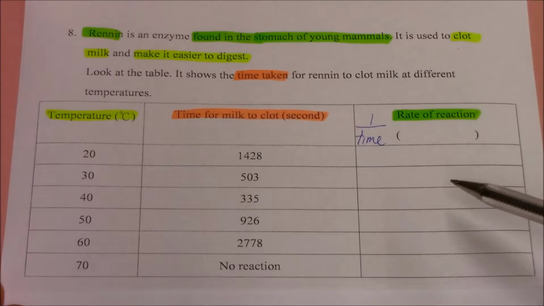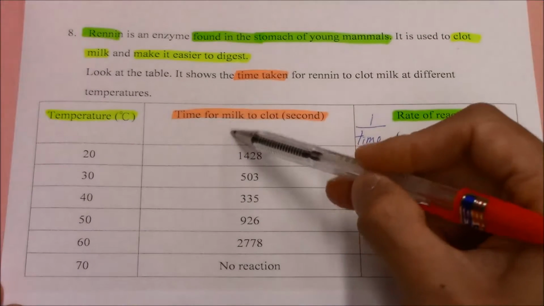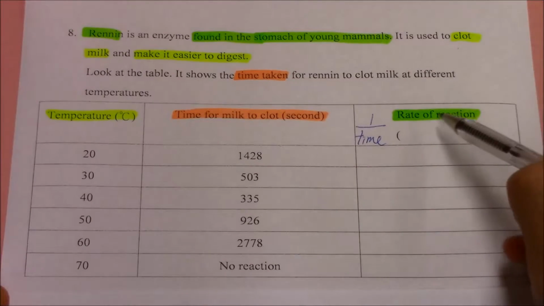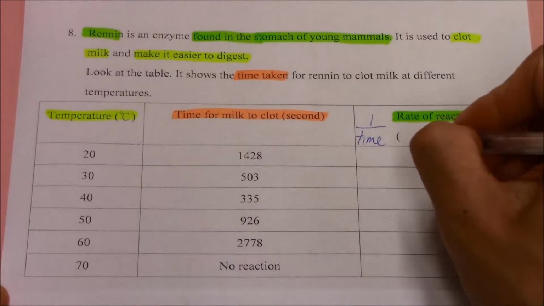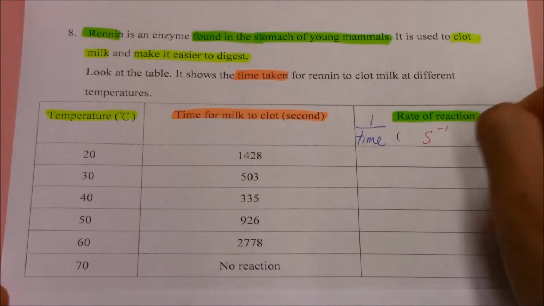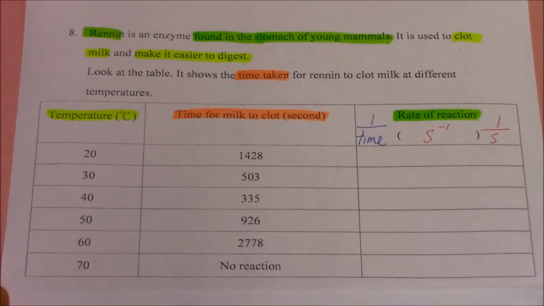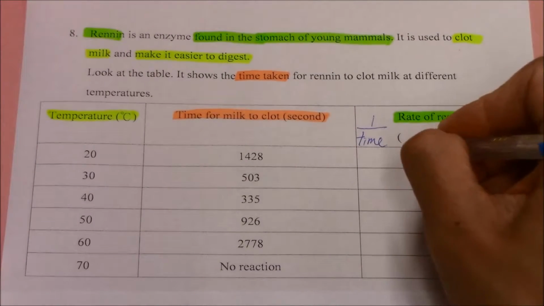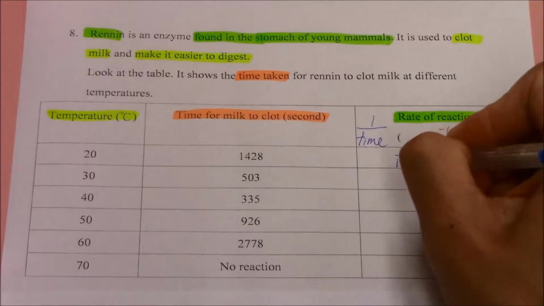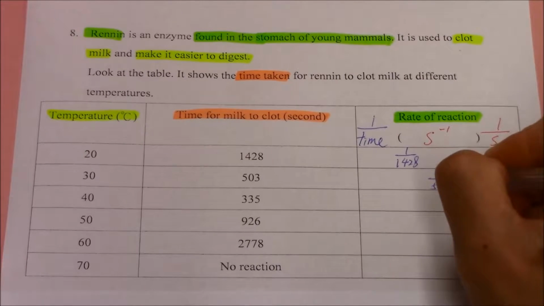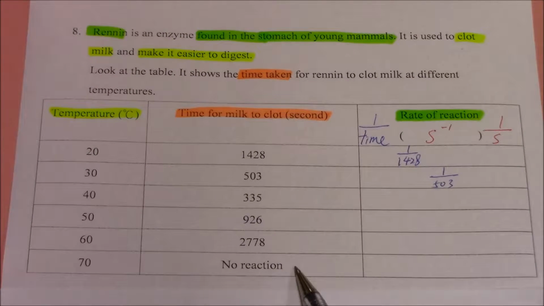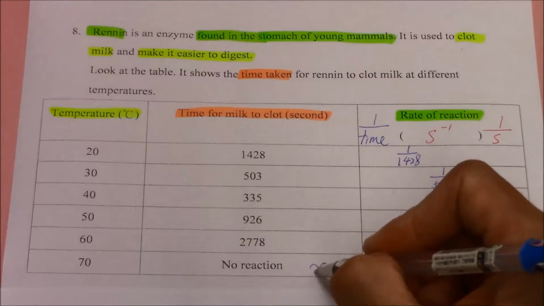So for this concept, the time for milk to clot, we use second as the unit. So for the rate of reaction, it should be per second. That means 1 over second, right? So for the rate of reaction, it's quite easy to calculate. 1 over 1428, 1 over 503, etc. But for no reaction, it can be regarded as infinite time.